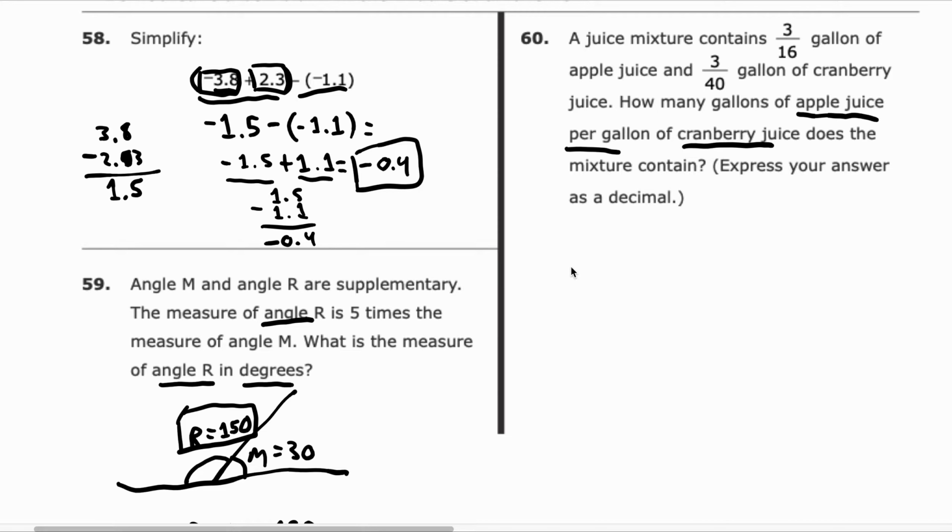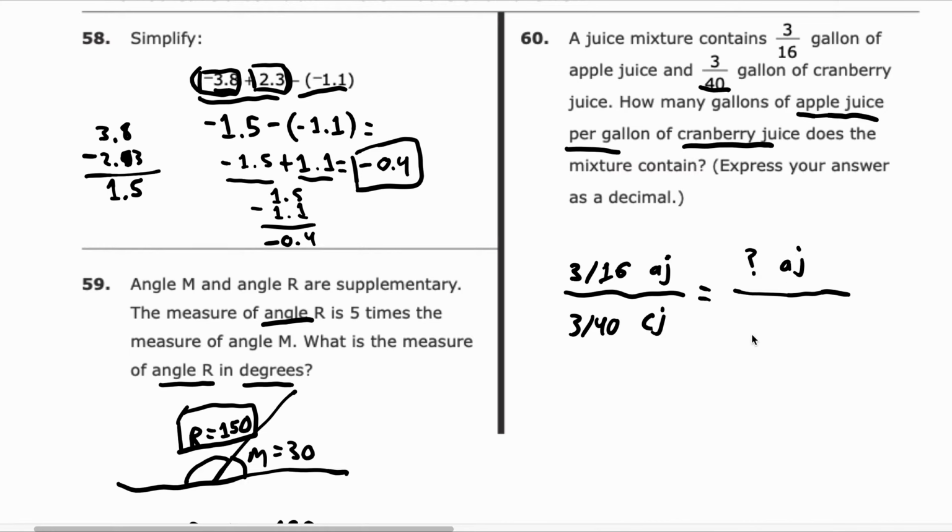For every 3/16 gallon of apple juice, I'll represent apple juice as AJ, we have 3/40 gallons of cranberry juice. And we're being asked for how many gallons of apple juice per 1 gallon of cranberry juice the mixture contains. So we're solving for the question mark.